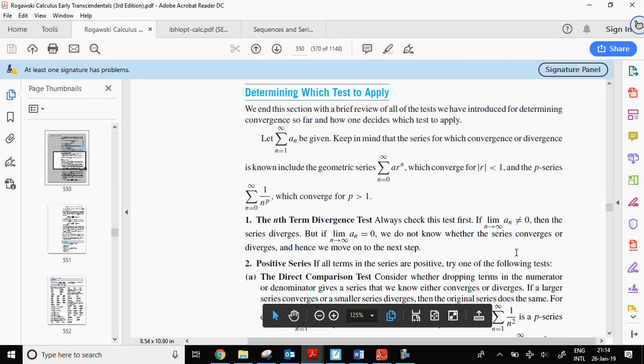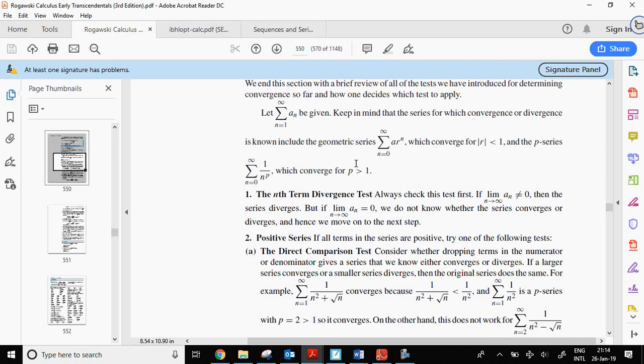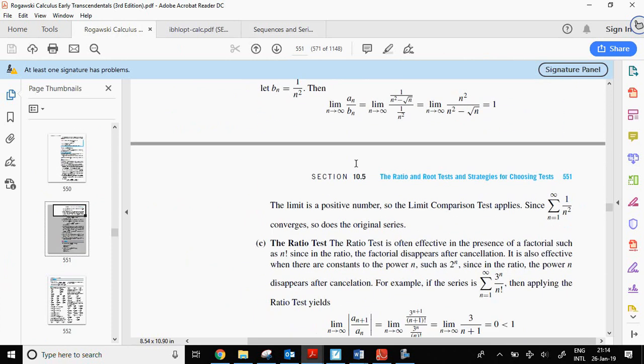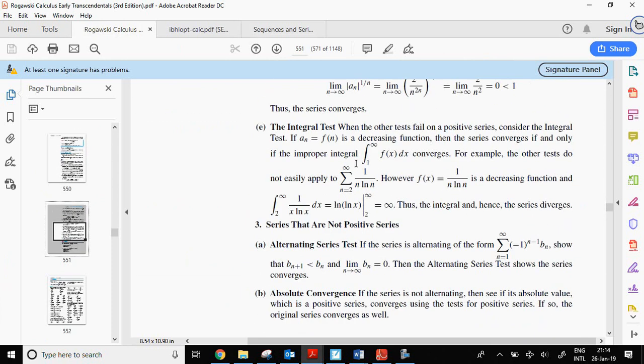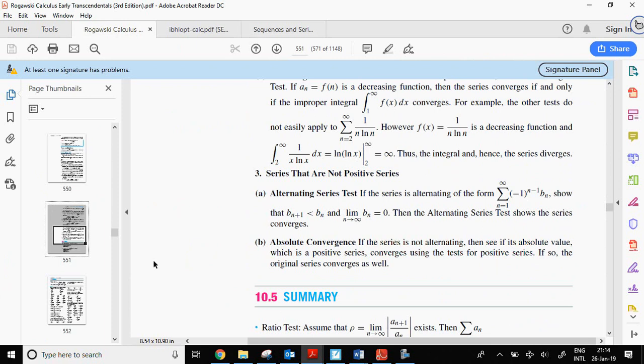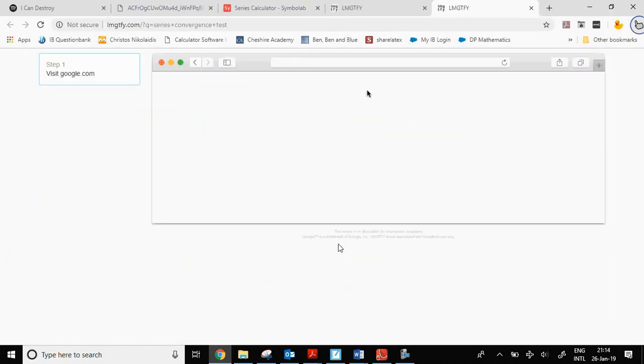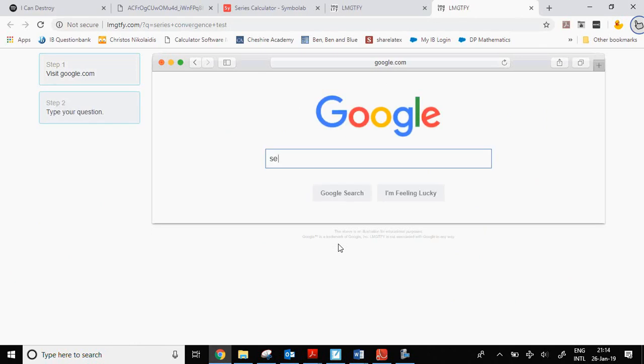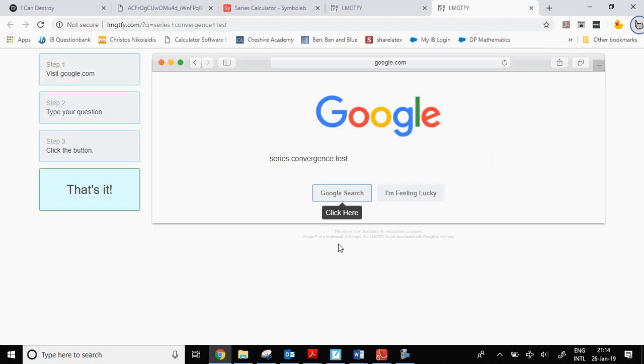Although our textbook does not include something like this, most good calculus textbooks will include a section at the end of their series convergence chapter that'll kind of walk you through the process. You can also just look online. There's plenty of examples of flow charts as well as written out sentences that'll kind of help you make your way through these.